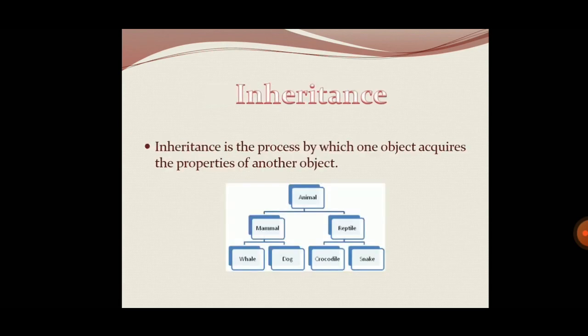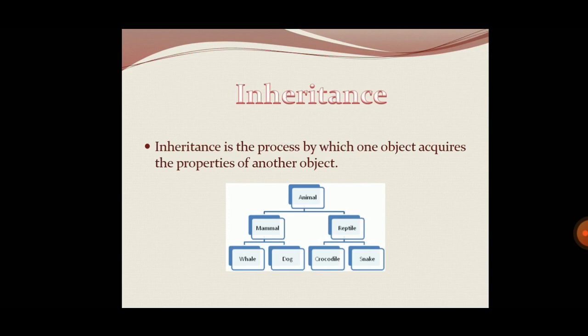Next is the inheritance. Inheritance is a process by which one object acquires the properties of another object. So in the diagram, see the animal, we can say it as a super class, and here is the base class, and it is derived by the mammal and reptile.